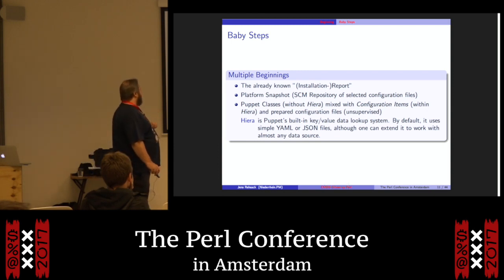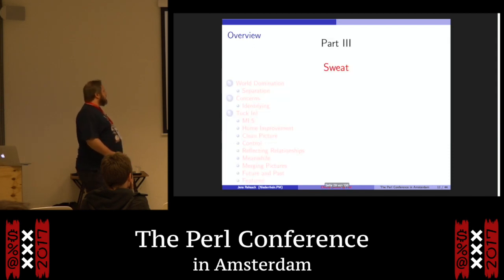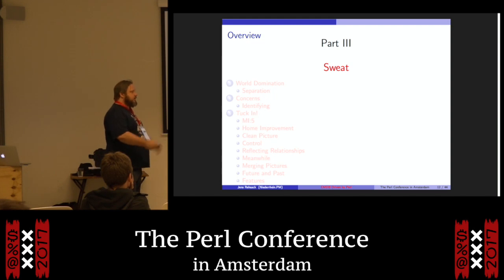Hiera, for those who ask, is a Puppet built-in key-value data lookup system. So it's a little bit better to have it in a separate data store than in a Ruby hash. A little bit. But it does not lead you anywhere.